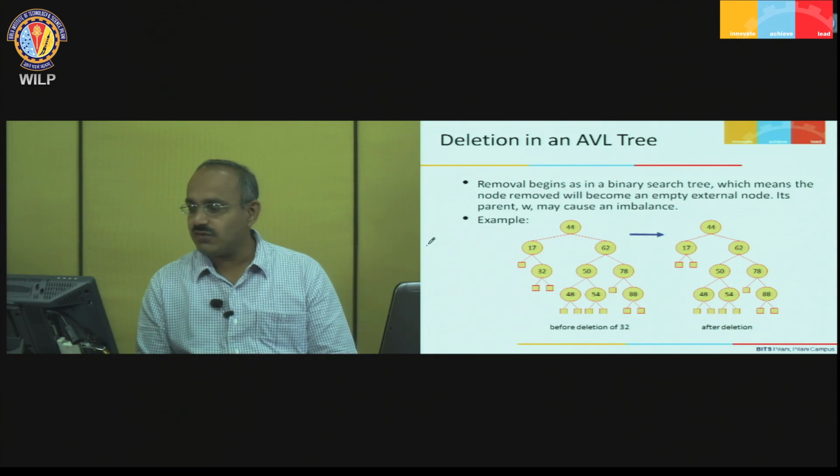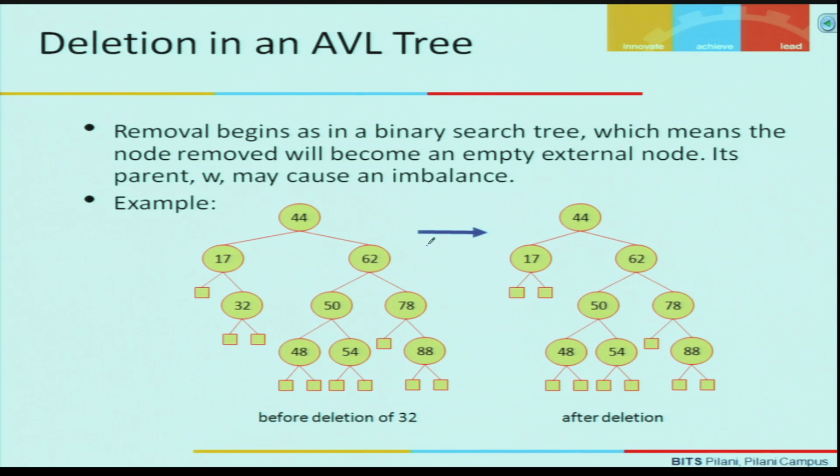In this particular example, we want to remove key 32 from the AVL tree. 32, as we see, is a node which does not have any children. When I say children again, these are non-null children. So, 32 is here, and we want to delete 32.